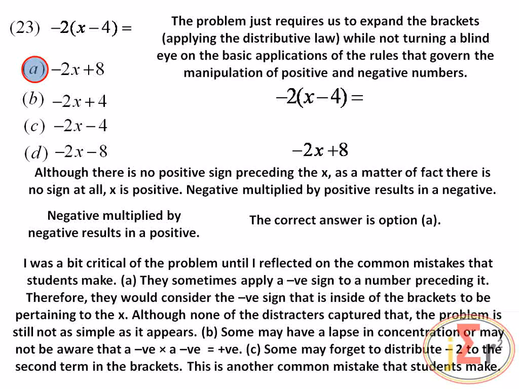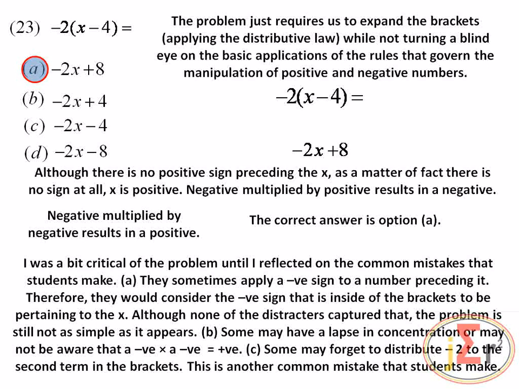So none of the distractors capture the fact that some students may have made the mistake of having considered that the x is negative. So we do not have any of the distractors capturing that possible error by the candidates.